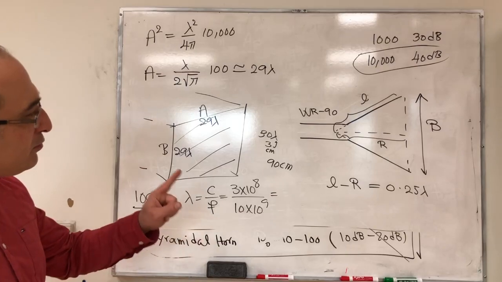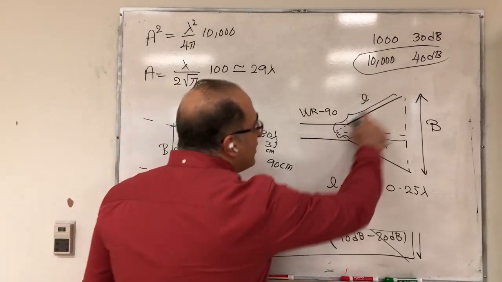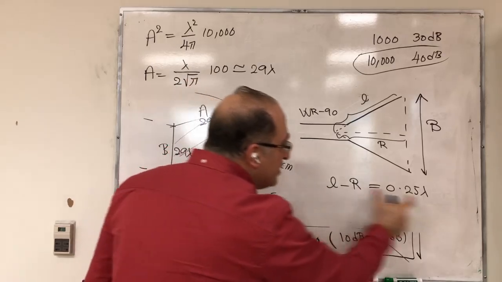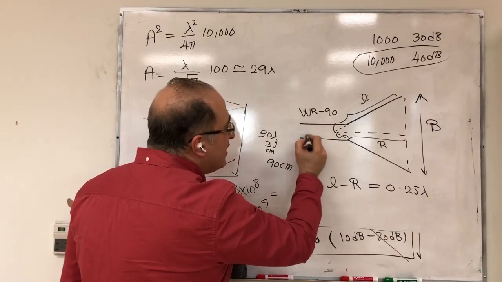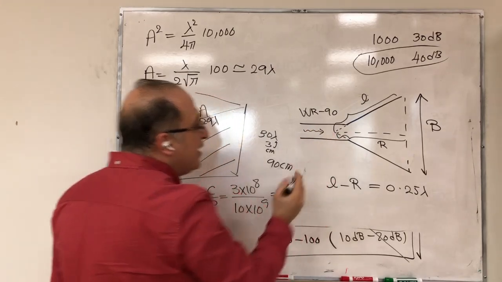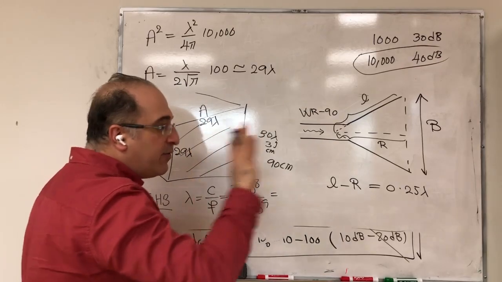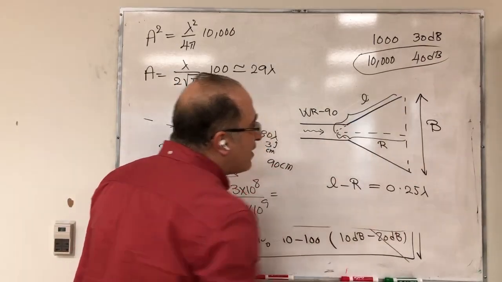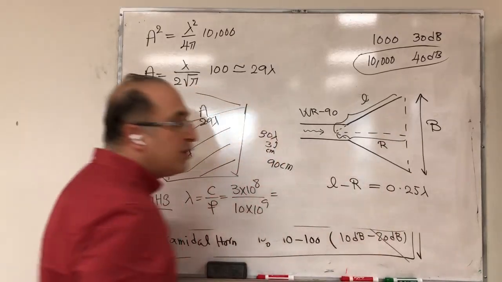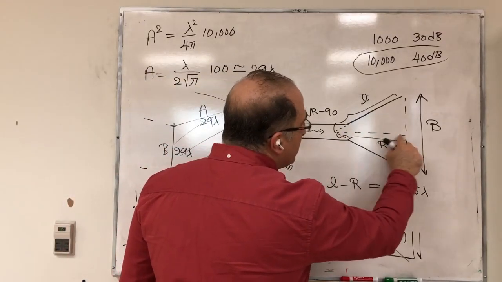So by looking at that, this essentially means L and R cannot be so much different. When you travel along the waveguide, the electric field in the fundamental mode that's passing is in phase. But when you get to this point and go to a different path, you start developing out of phaseness, because you are traveling a different distance.